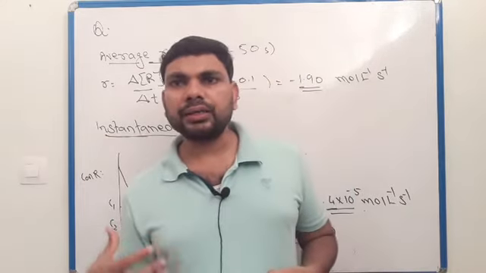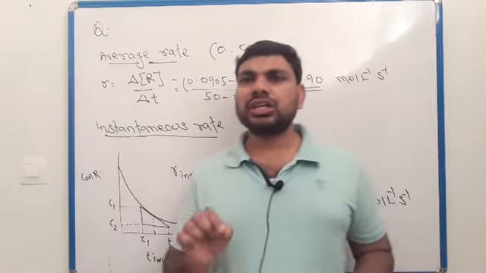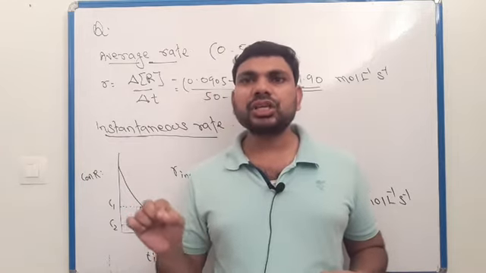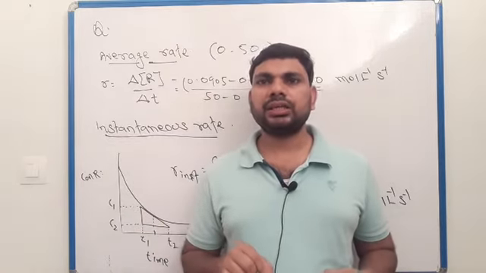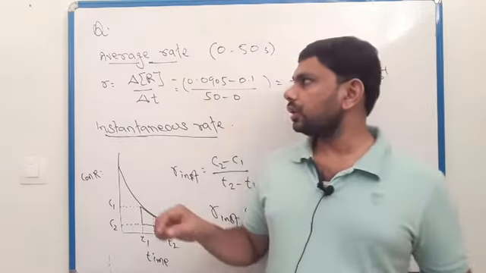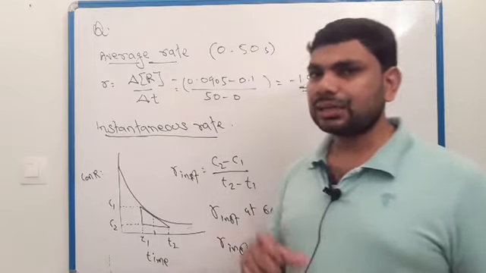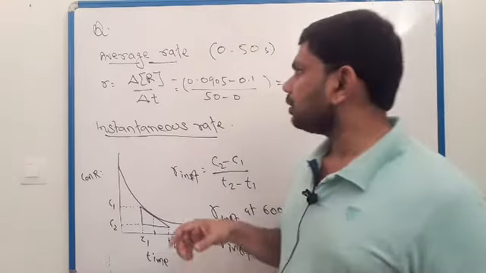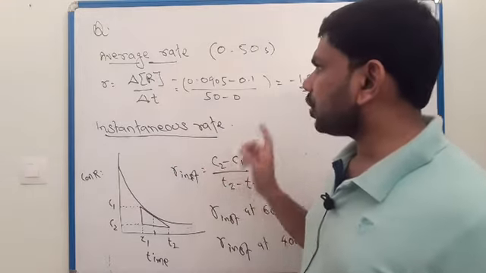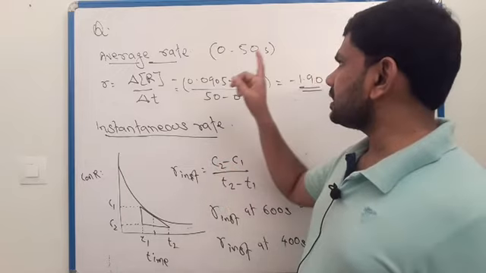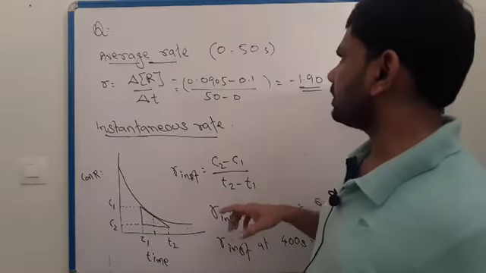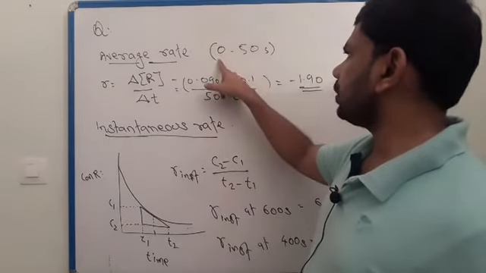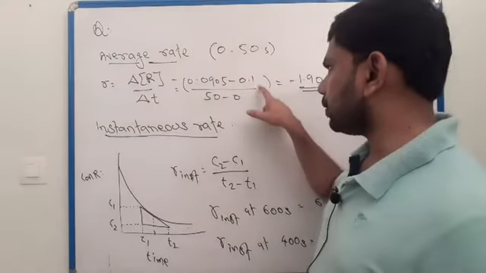How can you find this? Use minus delta R divided by delta T. Check the table for 0 to 50 seconds. At 0, the concentration was 0.1.